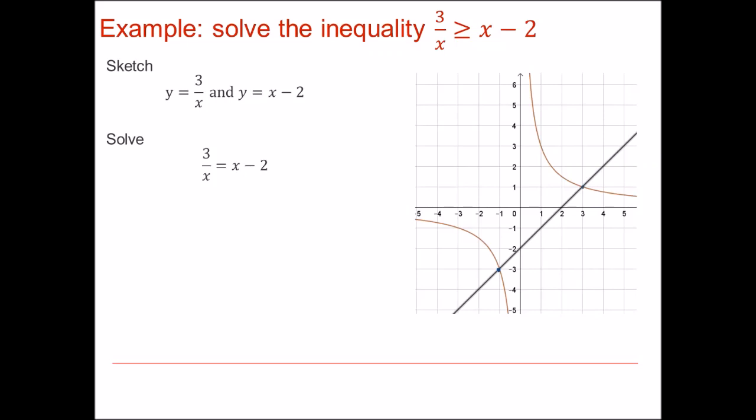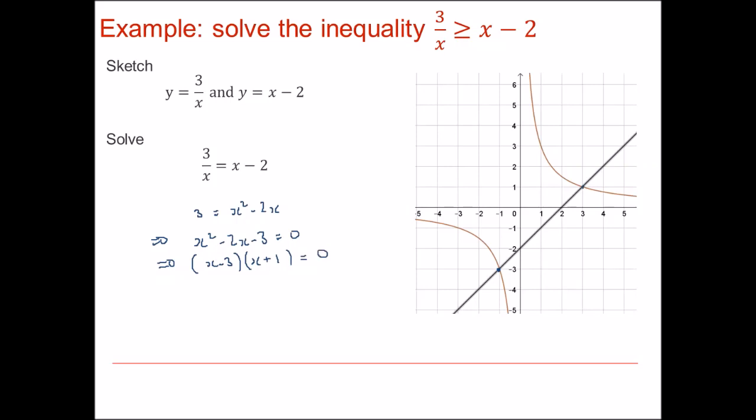To do that, we can multiply through by x, which gives us 3 is equal to x squared minus 2x. Rearranging, x squared minus 2x minus 3 is equal to 0, and that will factorize as two factors, both with x in them, one with negative 3 and the other with plus 1.